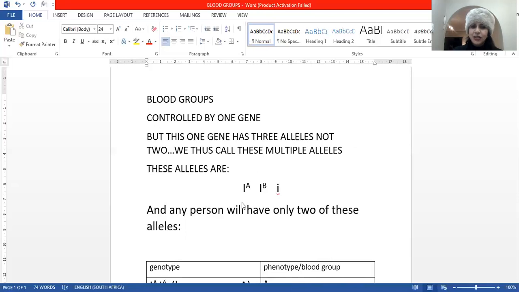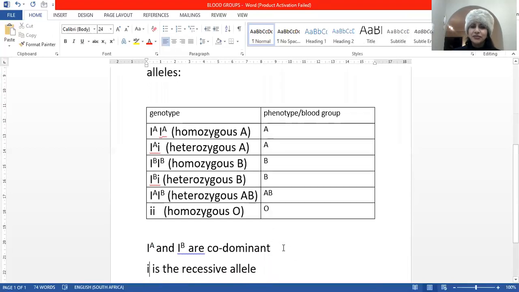Okay, so my babies, if you are blood group A, which are the possible genotypes you could be? Think about it. Yes, I^A I^A to be blood group A, or I^A i.